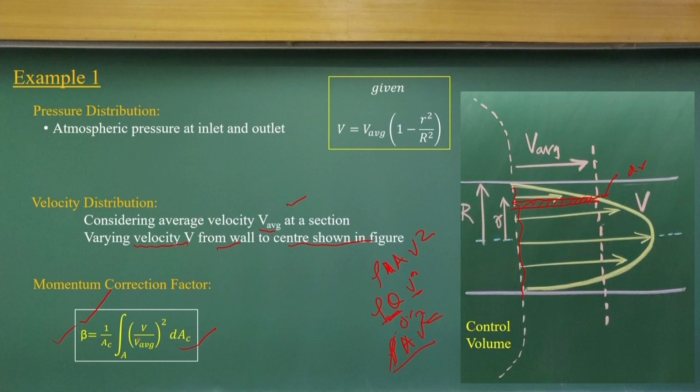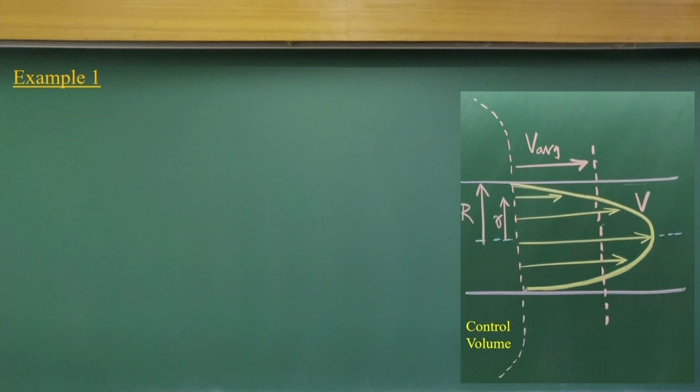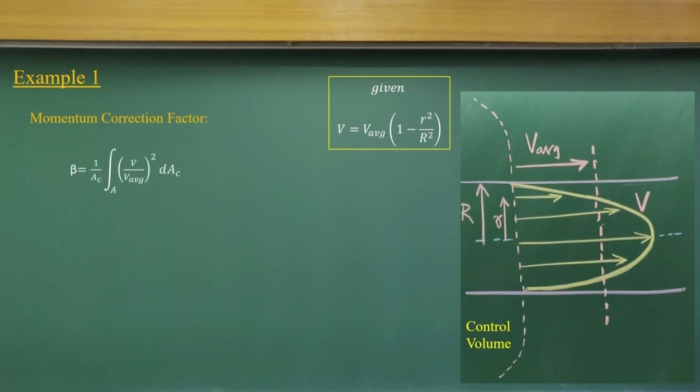I will substitute the velocity distribution and, doing these integrations, compute the beta value. If I consider the element area, the area will be the circumference into dr, and once I know this area and apply it to the momentum flux correction factor equation, I will have this form.